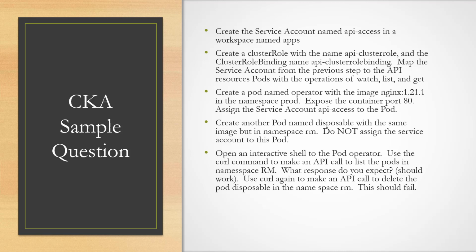Then you use the curl command again to make an API call to delete the pod disposable in the namespace RM. Of course, that should fail because the service account does not have the delete operation. Okay, let's get started.